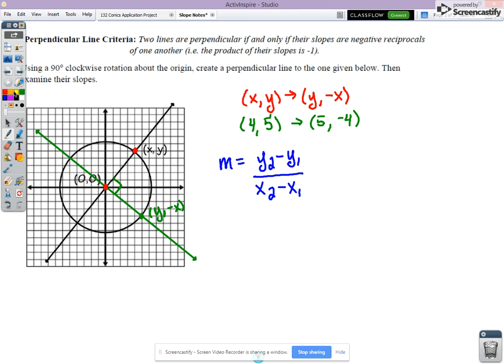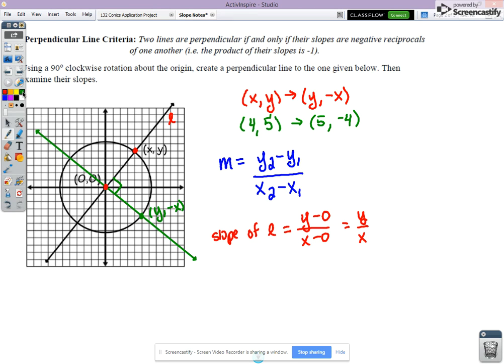So for this first line, for my red line, which I'm going to label L, for the slope of line L, I could subtract my y coordinates and divide it by the subtraction of the x coordinates. So I'm going to do y minus 0 over x minus 0, which simplifies to y over x.